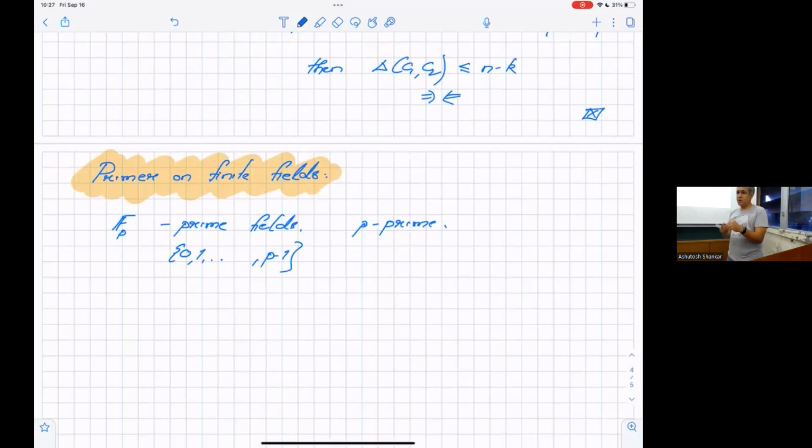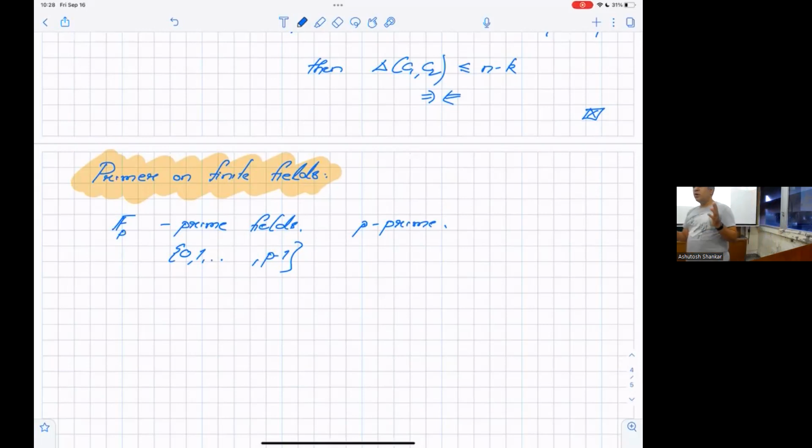This is where F star comes into the picture. Zero is the additive identity, and the multiplicative identity is what we'll call one. And then, more importantly, multiplication should be distributive over addition: a times (b plus c) should be ab plus ac. So this is all that we want.